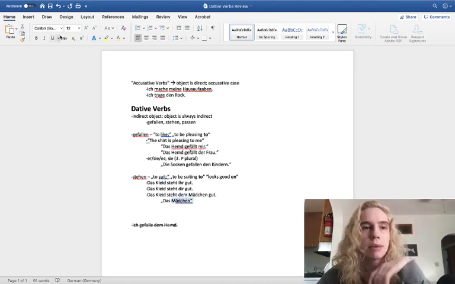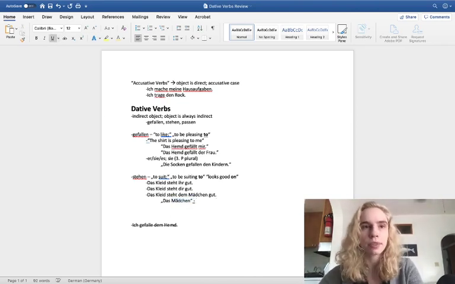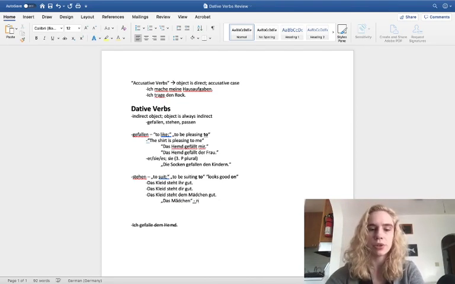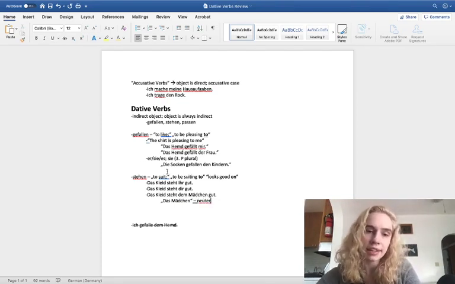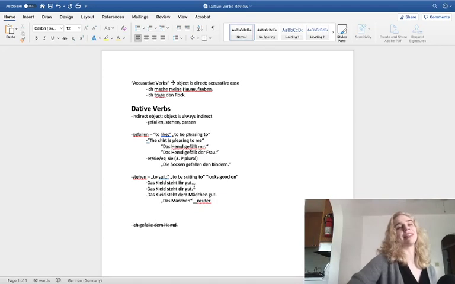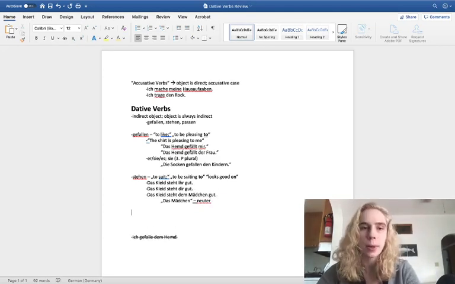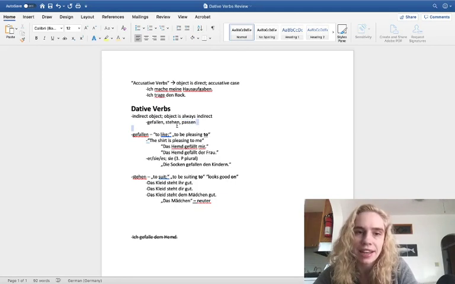Not doing well with the keyboard shortcuts today. So das Mädchen, just say this is neuter. And because it's in the dative case, it's the indirect object here, we're changing das to dem. If you memorize your charts, that's the easiest way to know what you would be changing it to, given the case. Then we also have the example here of passen.